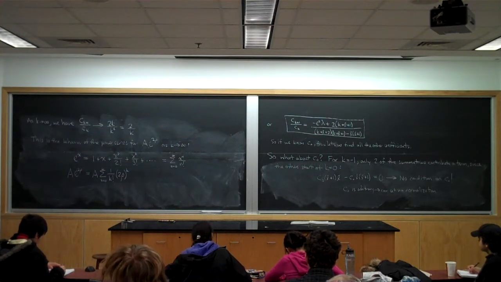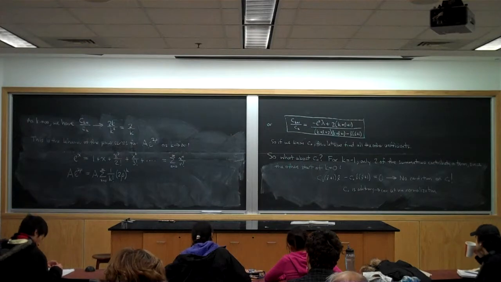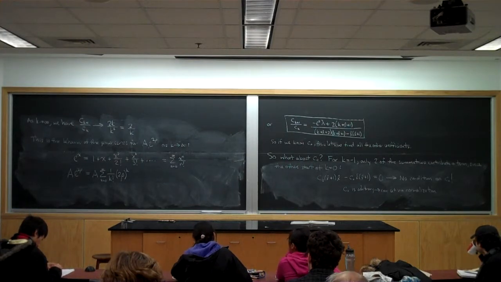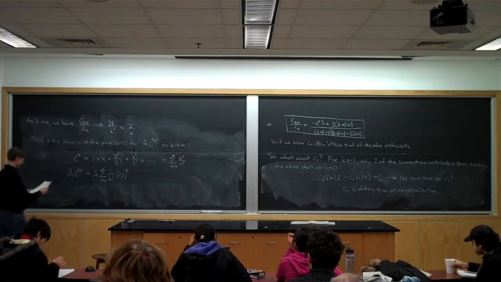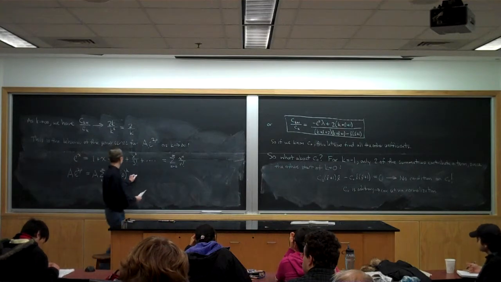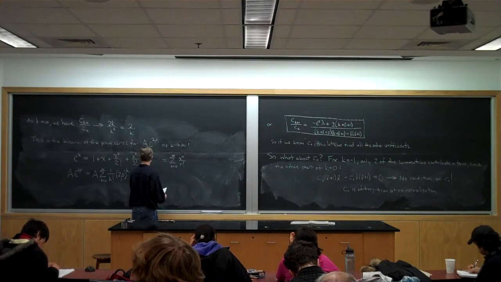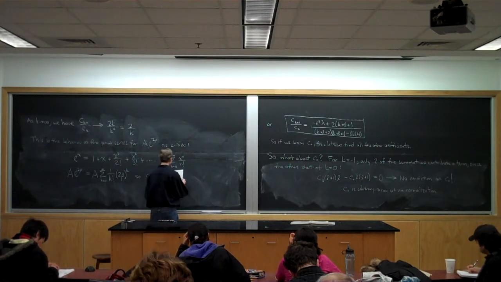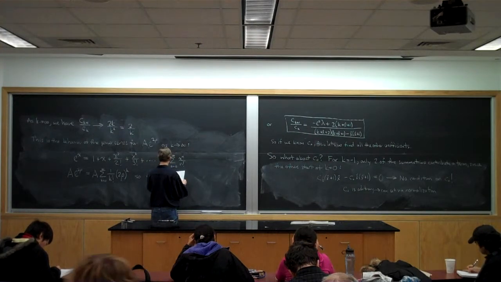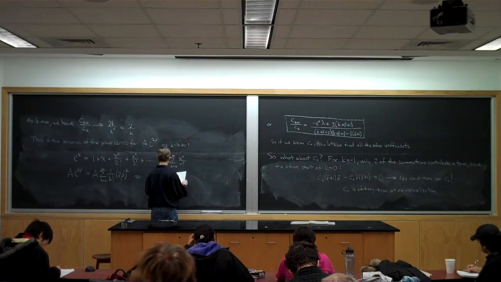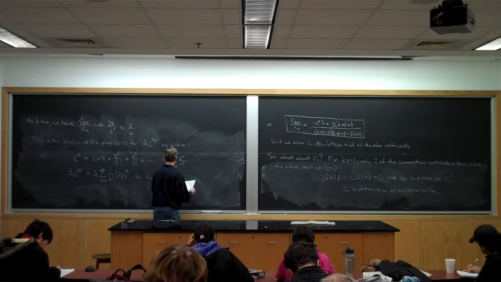So a e to the 2 rho as a power series is a times the sum from k equals 0 to infinity of 1 over k factorial, 2 rho to the power of k. So in that power series, c sub k is 2 to the k over k factorial times a.